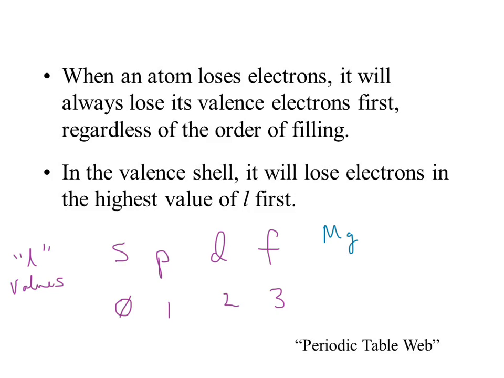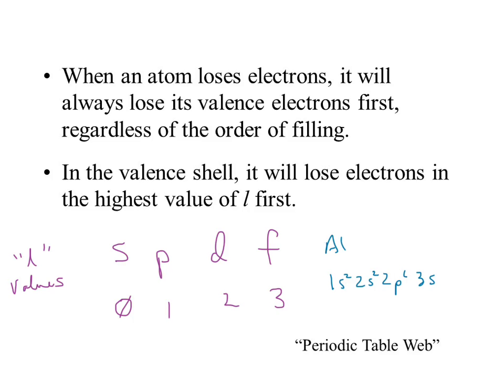It's atomic number 12, and its electrons are configured like this: 1s2, 2s2, 2p6, 3s. No, that's not a good example. We do have to go over to aluminum. Final answer. You'll see why.